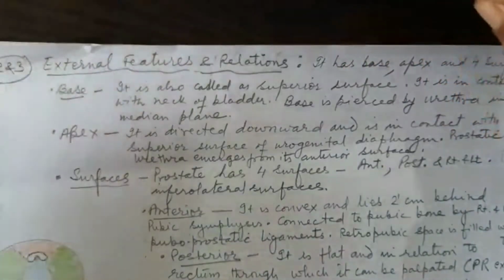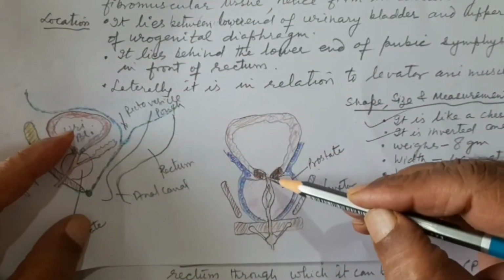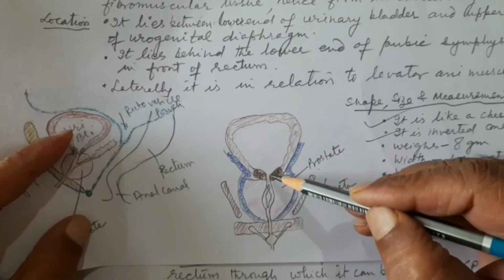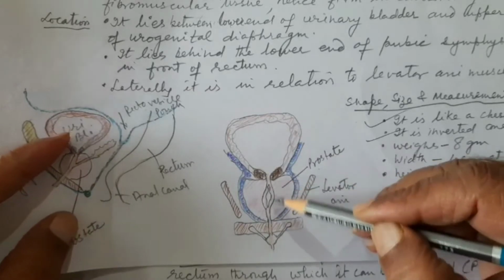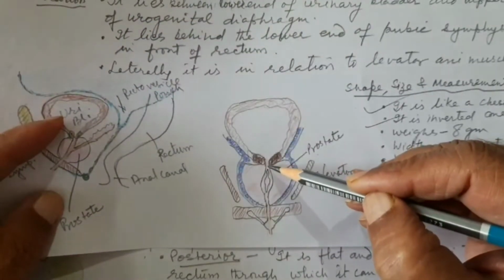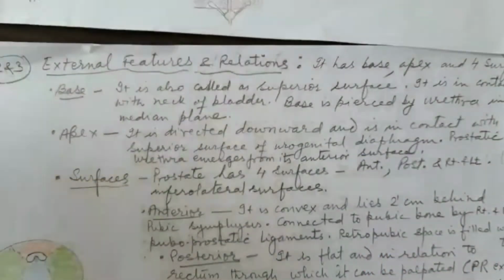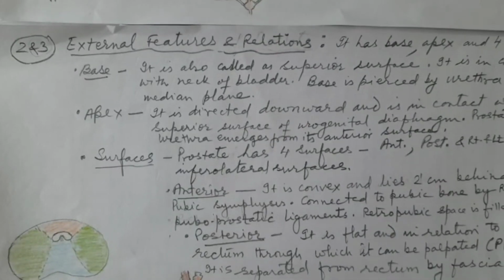Now this base is pierced by the urethra in the median plane. See this, this is the prostatic urethra because it is passing through the prostate. Hence it is called the prostatic urethra. And thus it is pierced by this urethra at the base, and thus the urethra lies in the median plane.